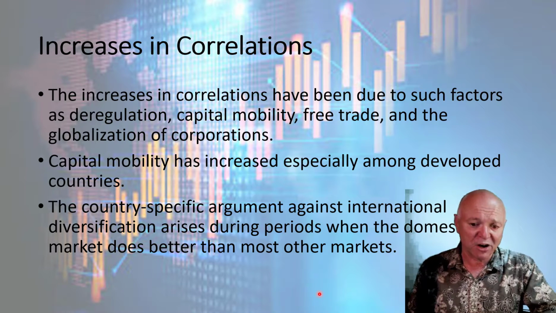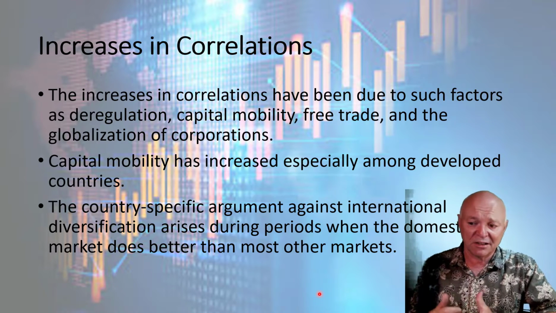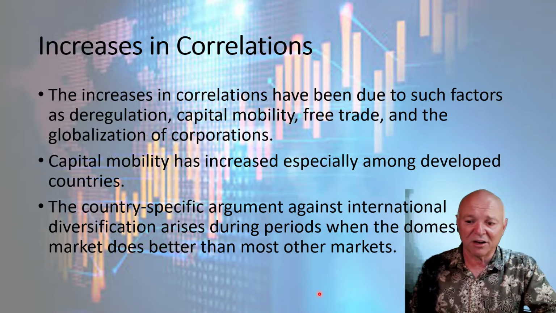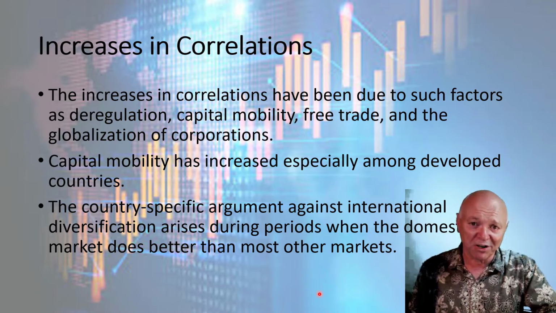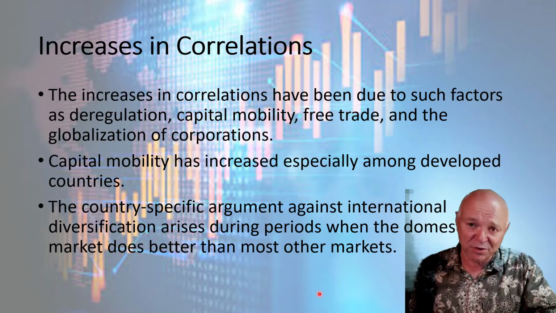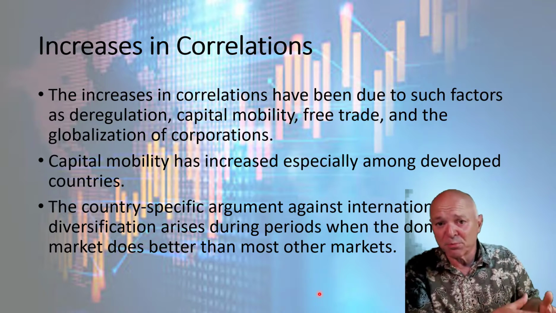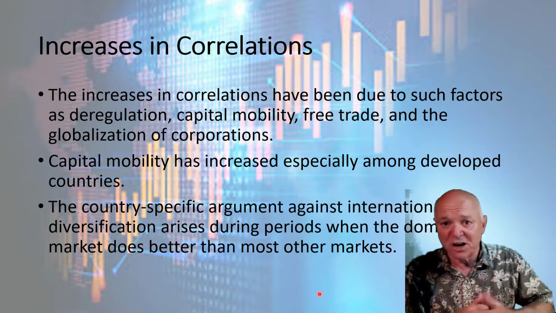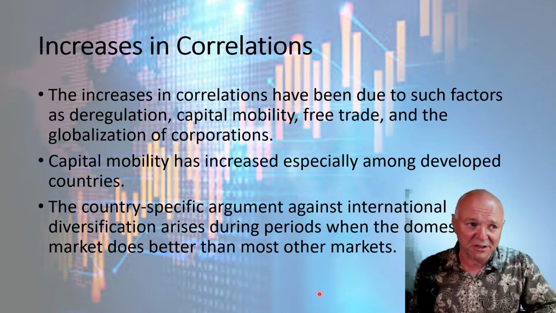The country-specific argument against diversification tends to rise during periods when the domestic market does better than those other markets. Why are we investing in these developing countries when we could be getting as good a return in our home market if our Sharpe ratio at home is perhaps higher than the foreign markets?